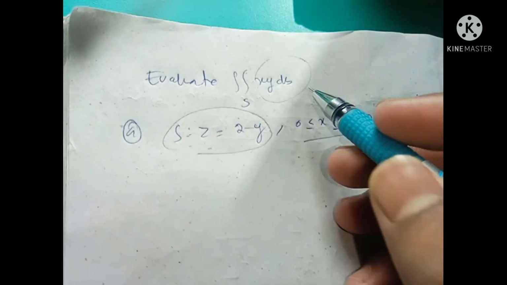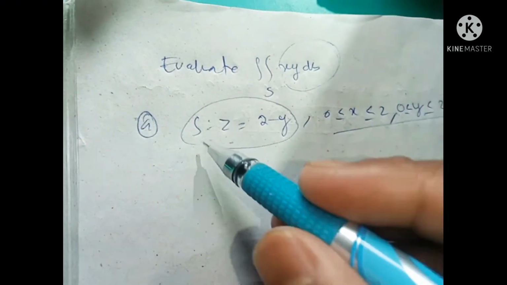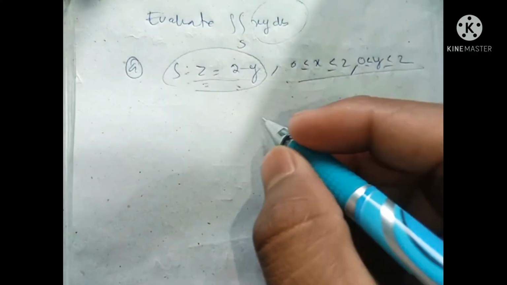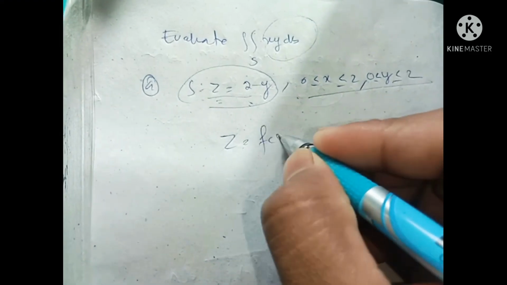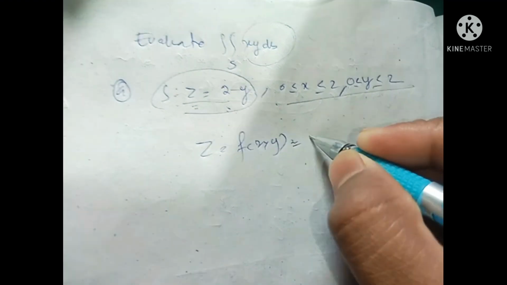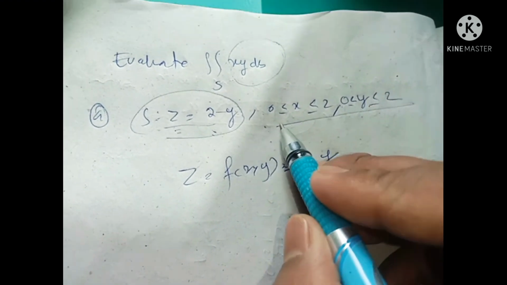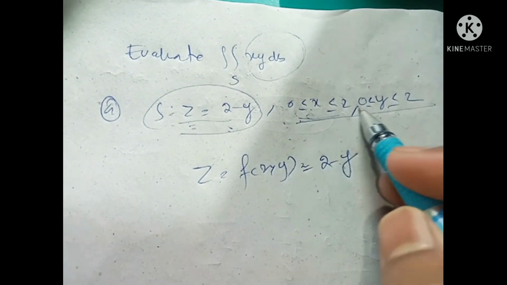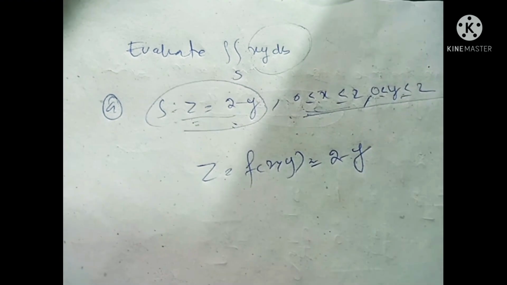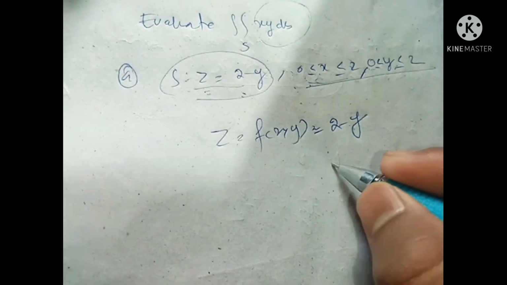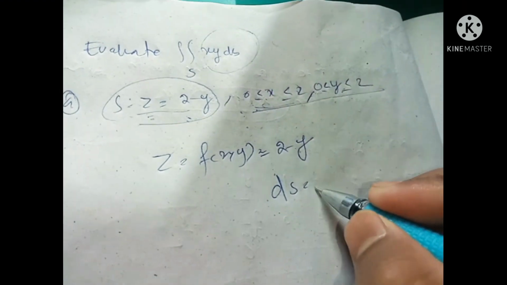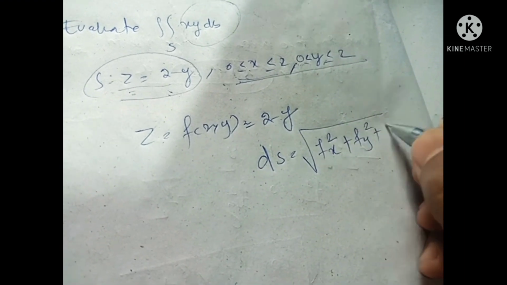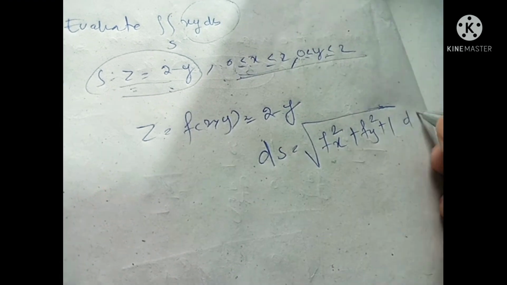Here we have to evaluate the integral where the surface is given as z equal to 2 minus y. We write z equal to f(x, y), and it is given as 2 minus y, and the limits are x varies from 0 to 2 and y varies from 0 to 2. As we know, dS equals the square root of f_x squared plus f_y squared plus 1, times dA.